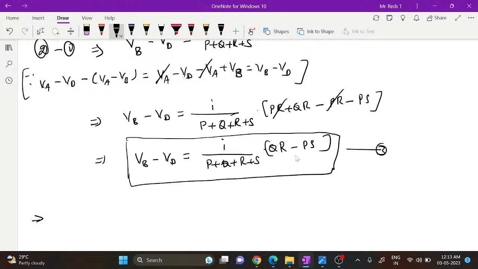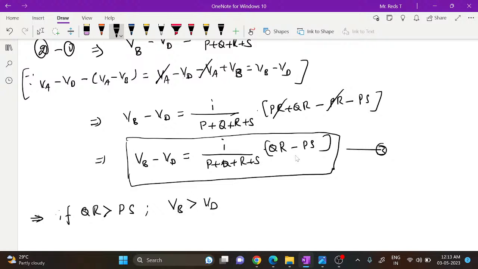So here you have to take some special cases. If QR is greater than PS, then we get a positive value. Positive value means VB minus VD will be some positive value. So if QR is greater than PS, then VB will be greater than VD.